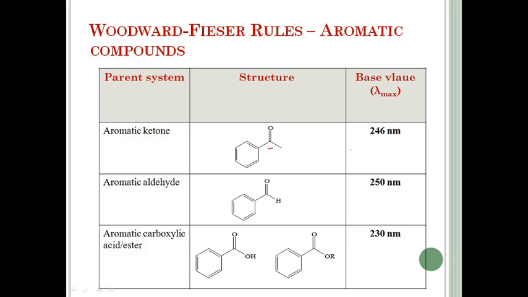For the aromatic ketone, the base value must be 246. For an aromatic aldehyde, the base value must be 250, and for the case of carboxylic acid and carboxylate ester, you have to give the parent or base value as 230 nanometer. So this is for the case of aromatic compounds.